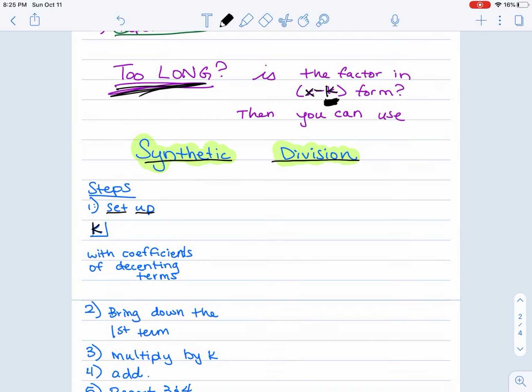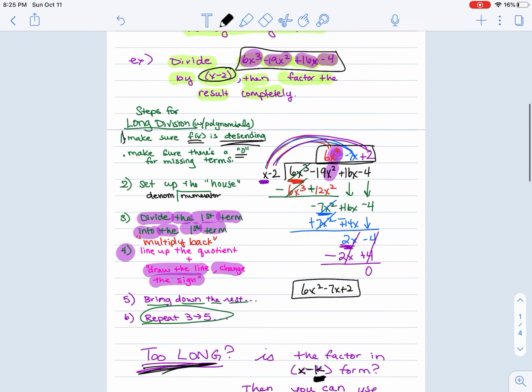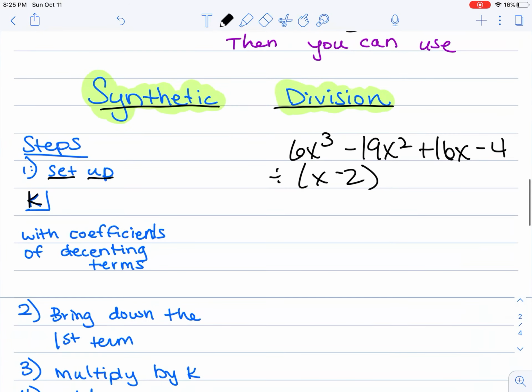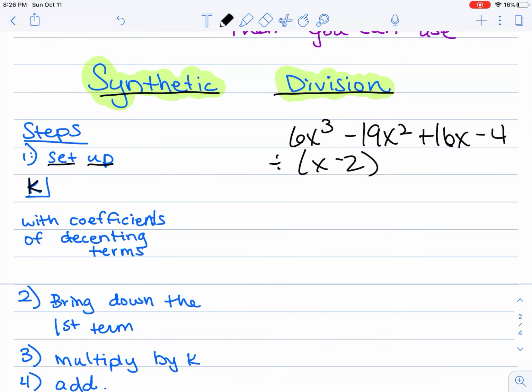So let's go back to that original equation where they asked us to do 6x cubed minus 19x squared plus 16x minus 4. And we're going to divide it by x minus 2. So if we're going to use synthetic division, here is how we would do it. So we're going to check our divisor. Do we have it in x minus r form, which this is, or x minus k form? This is. Our value for k is 2.